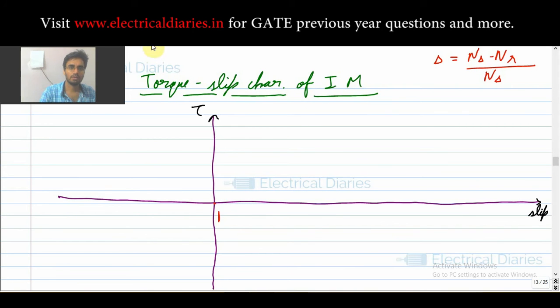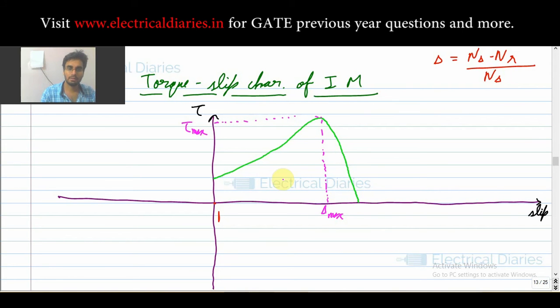An induction motor always has some starting torque, and the curve moves like this and then decreases in this fashion. This is the maximum torque, and it happens at the maximum slip.